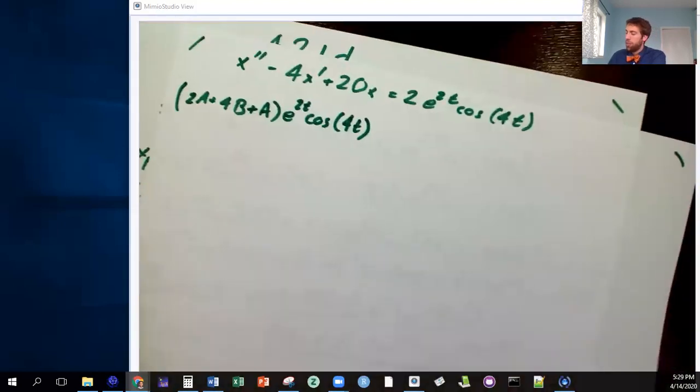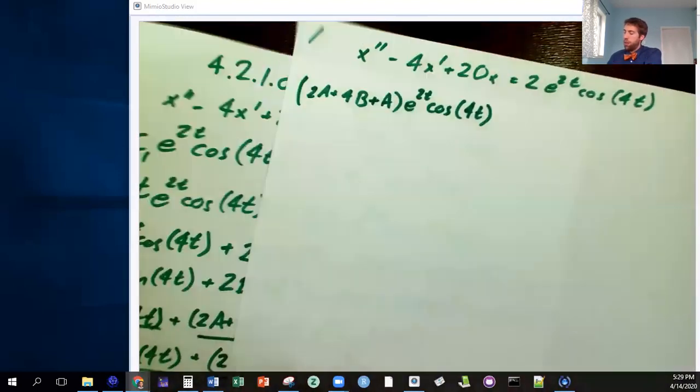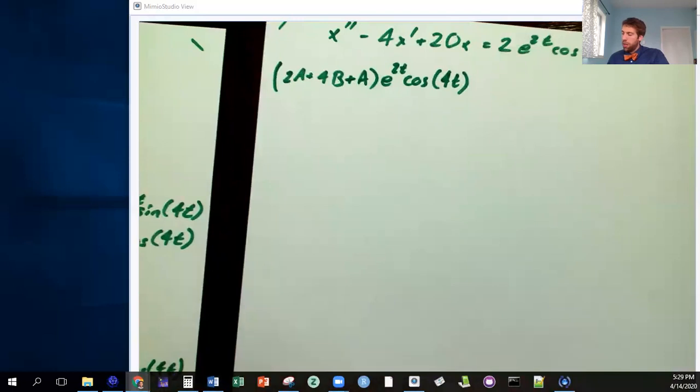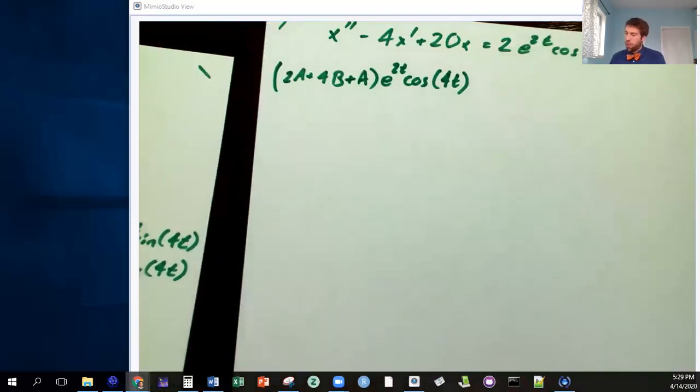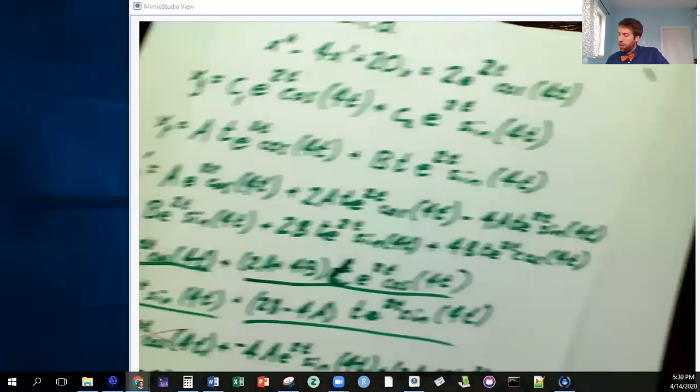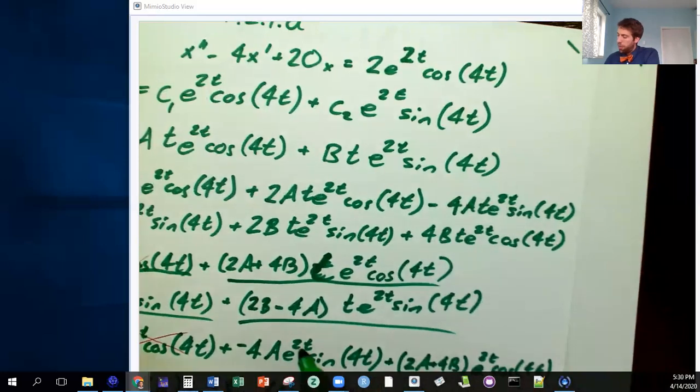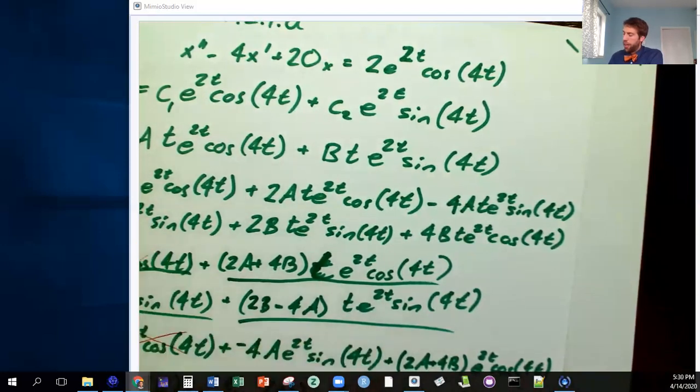Okay? So I got those three, and then I'm going to do it for e to the 2t sine 4t. So I've got a negative 4 here, and a positive 2 there, and then a positive b there.